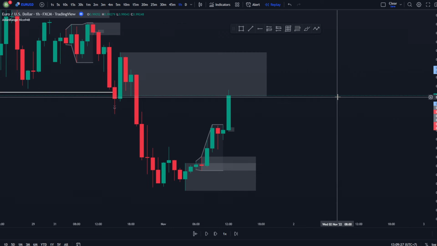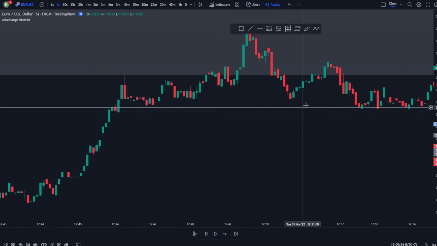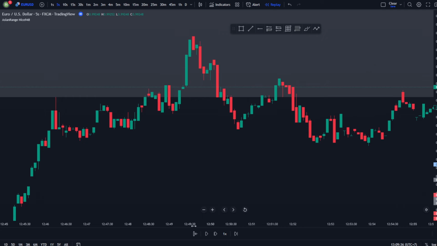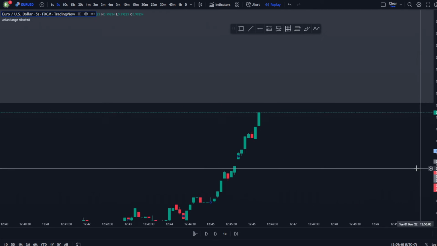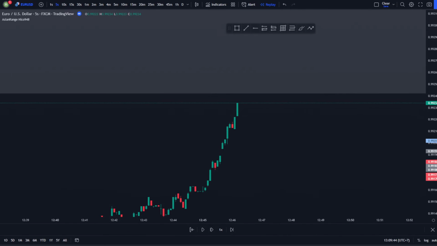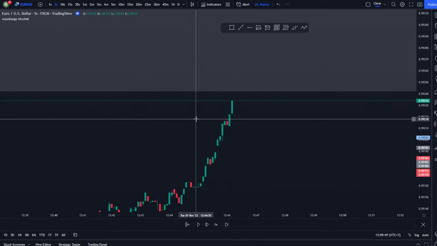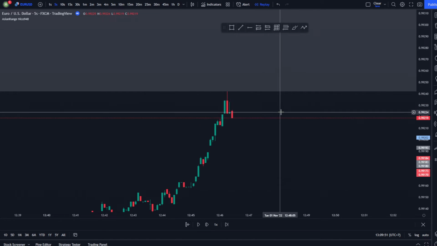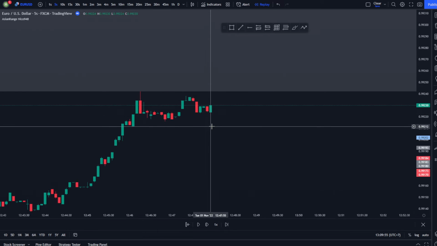Price taps in the 1 hour time frame. Then you wait for the 5 second, and what you see is it gets back to where price first tapped. The first tap was here.